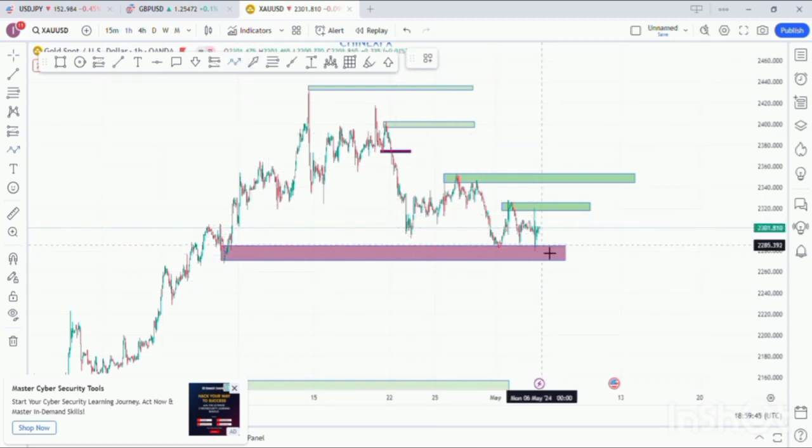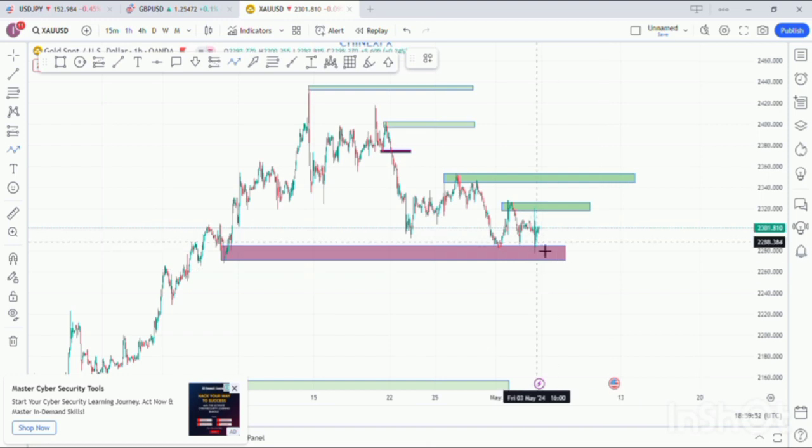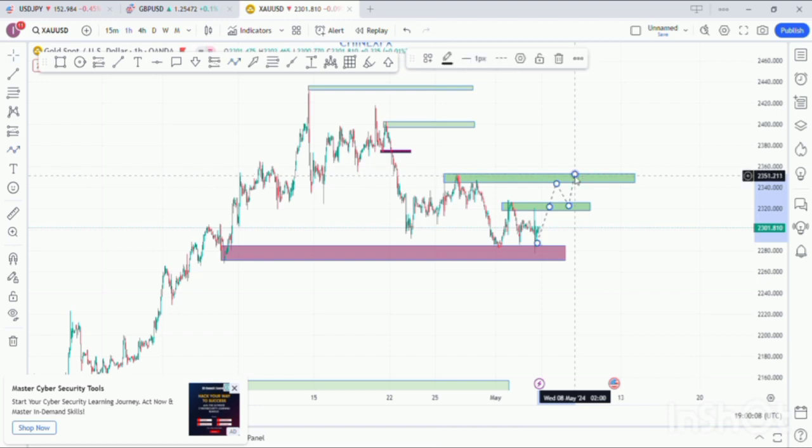So on the 1 hour time frame, we're expecting price to move upward from its current position to retest this resistance zone before a drop. But if price decides to break through that resistance zone, we're expecting it to give us a retest and then move over to the next resistance zone just above.